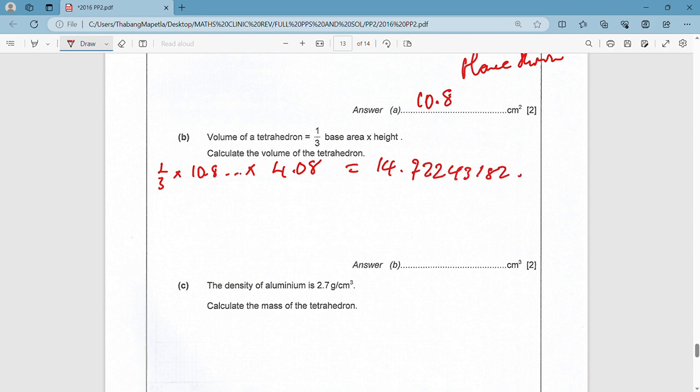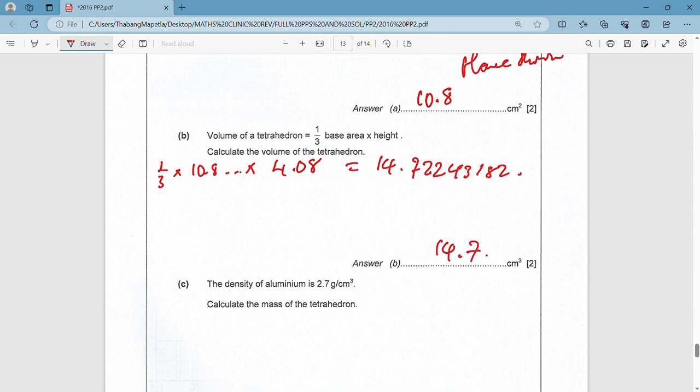Base area is 10.8 times 4.08 times 1 over 3. So it's going to be 14.7.